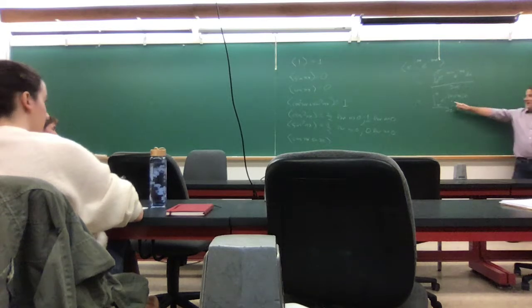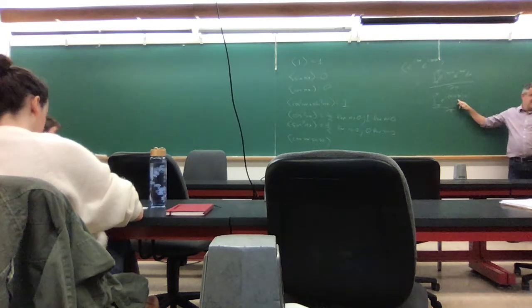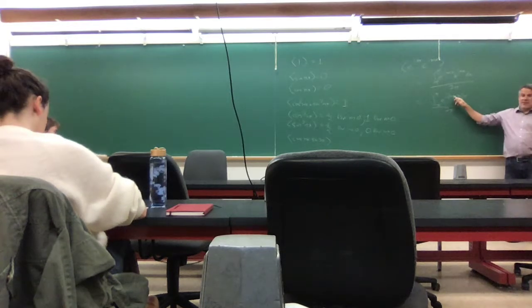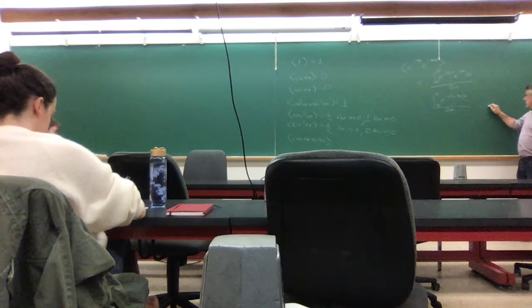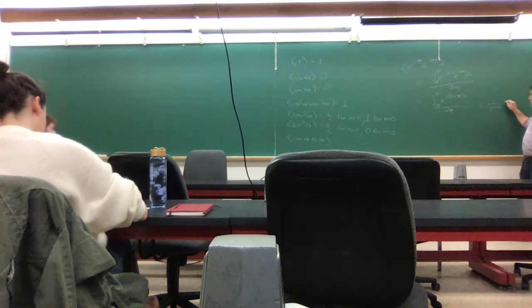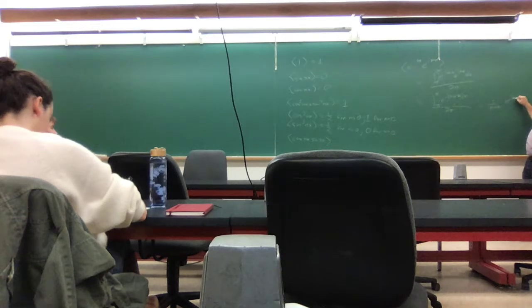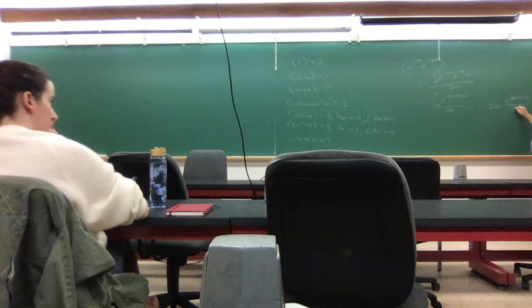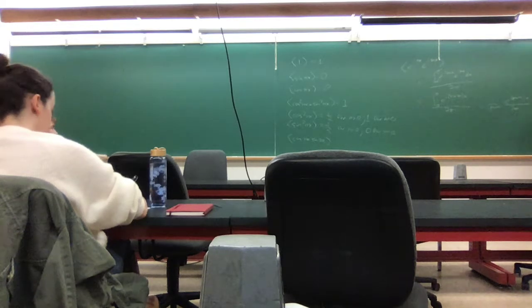Derivative of e to the whatever is e to the whatever times the derivative of what's inside. So the integral is e to the whatever times 1 over that, evaluated from minus pi to pi. Okay, things are starting. So this part's not so hard.